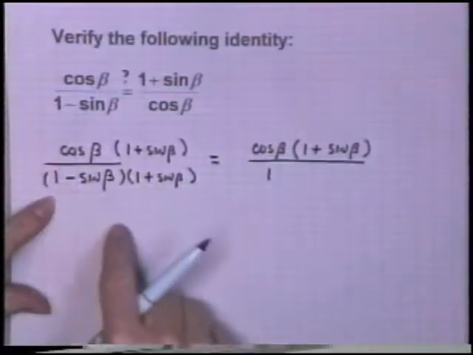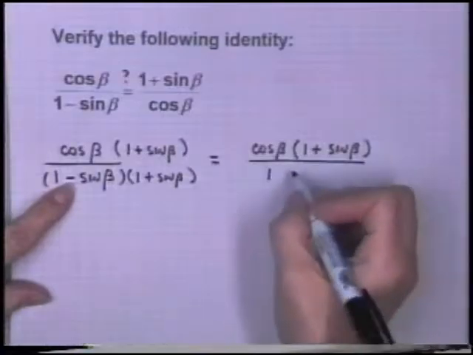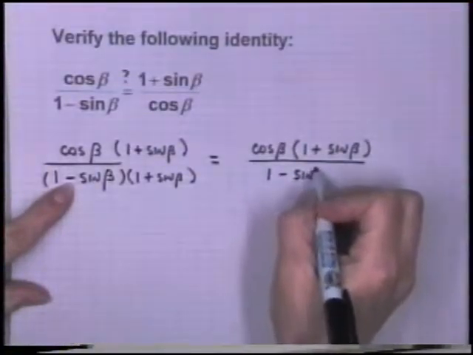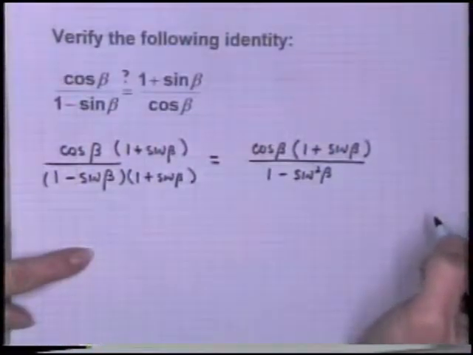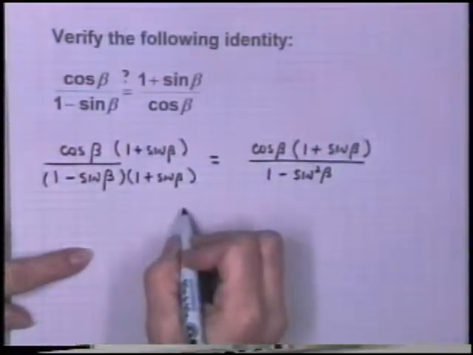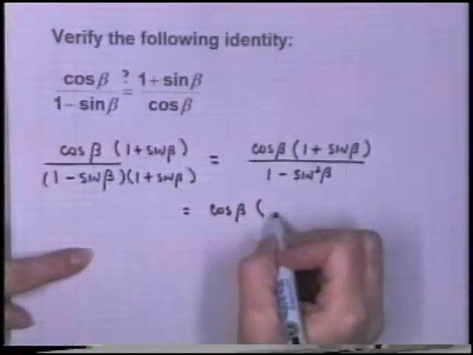So notice I'm going to get a 1, and because these are conjugates, again, this outside and inside product are going to drop out. So I'm going to have 1 minus sine squared beta. Well, think about 1 minus sine squared beta. That's that alternate form of your Pythagorean identity.